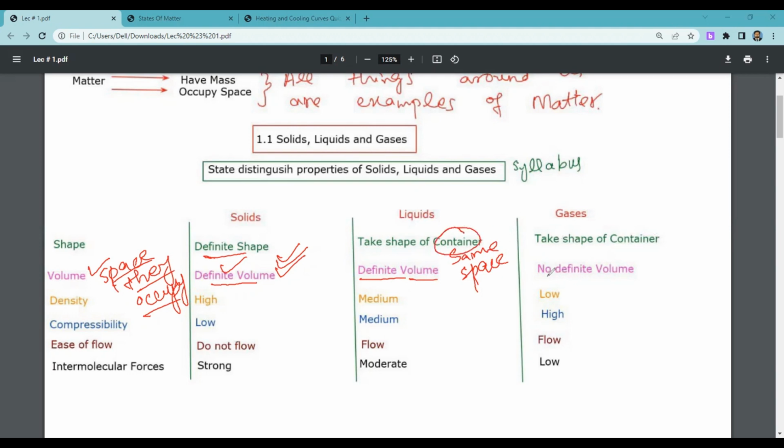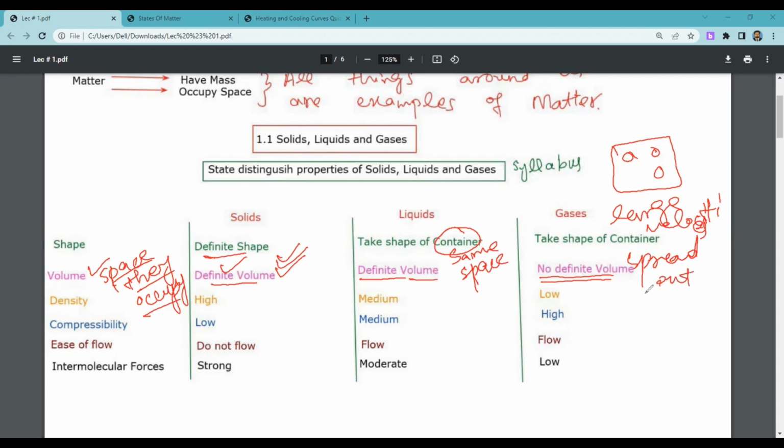While gases don't have a definite volume because their particles are very far from each other and they are moving with large velocities. Therefore, they spread out, and if they spread out, they can occupy more volume.